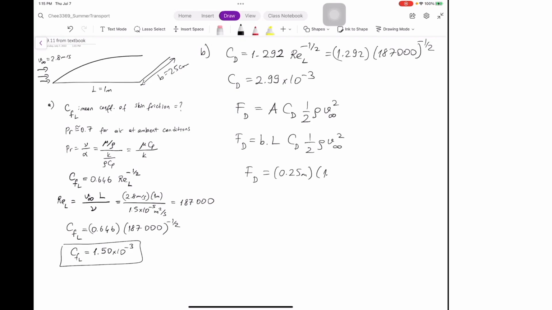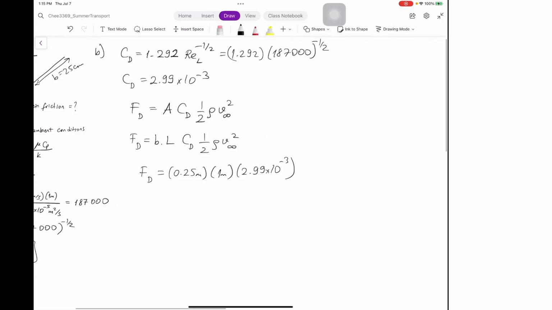L is 1 meter. CD we calculated 2.99 times 10 to the -3, unitless. Then 1/2 rho of the air. You should find it somewhere. Let's see.